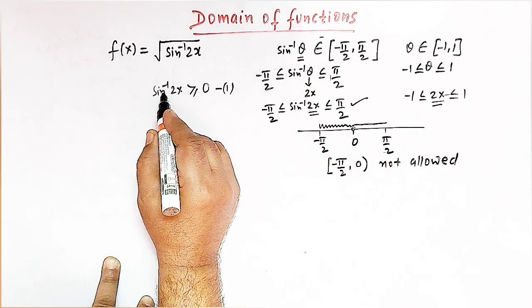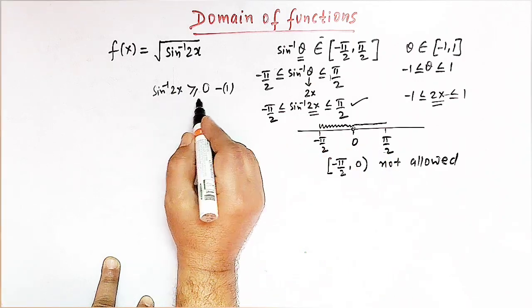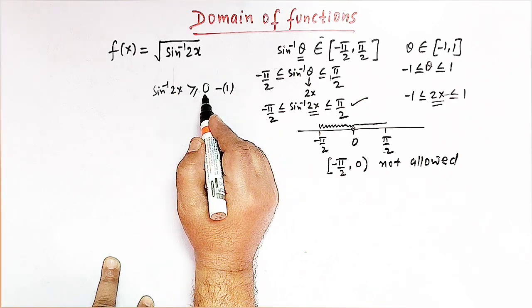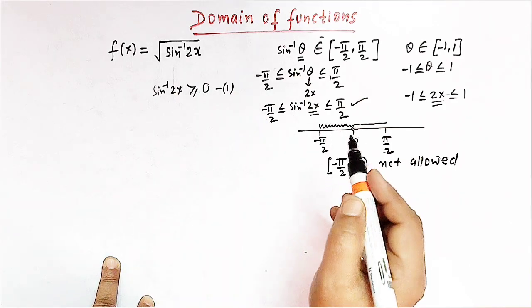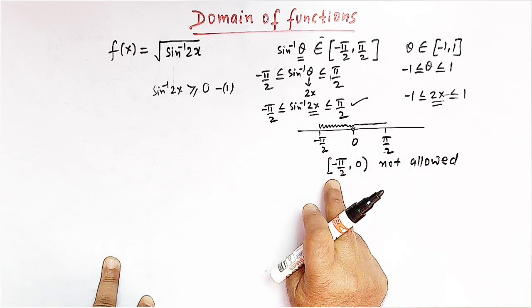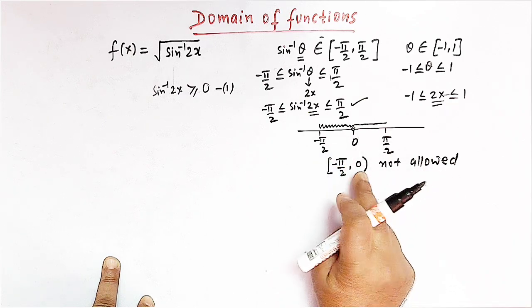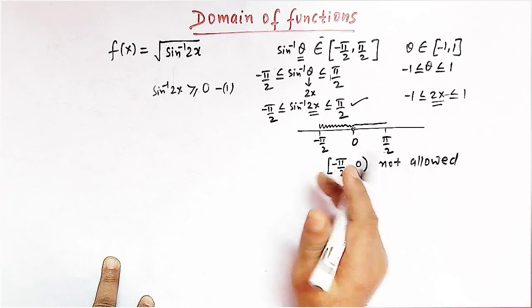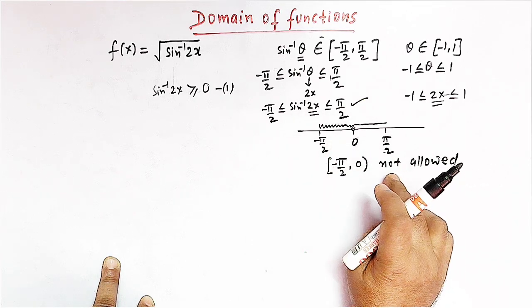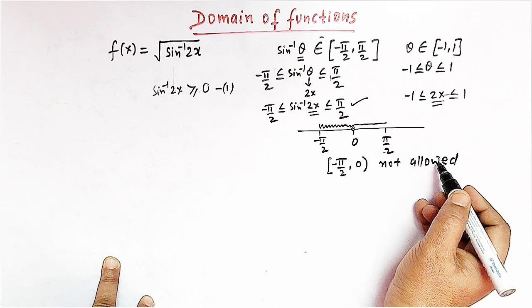But here we have to take sine inverse 2x greater than or equal to 0. So sine inverse 2x should be either 0 or positive. So we have to discard this interval, that is minus pi by 2 to 0. So all the values of sine inverse 2x lying in this interval should be discarded or not allowed.